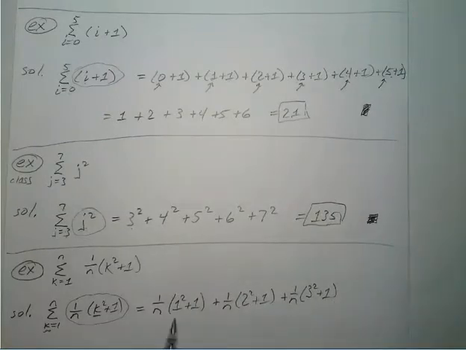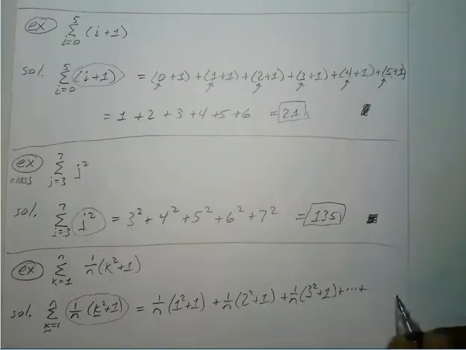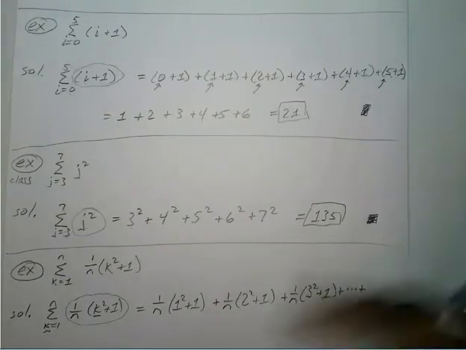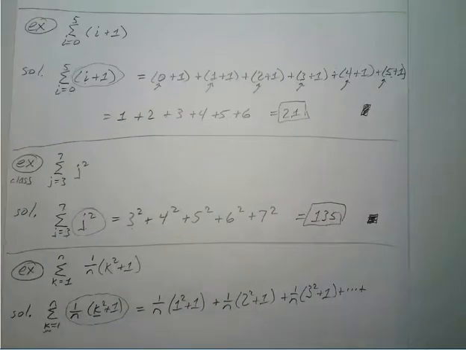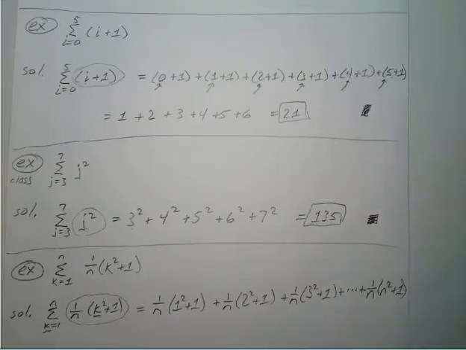You're just going to keep replacing the k and adding them together until you reach your upper bound of n. Forgot my room for my 1 over n. So once you reach your upper bound of n, that's 1 over n times n squared plus 1.